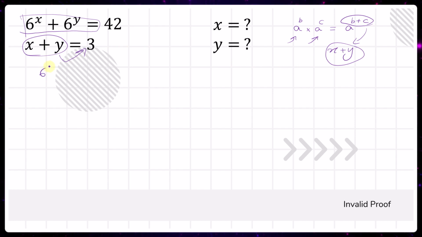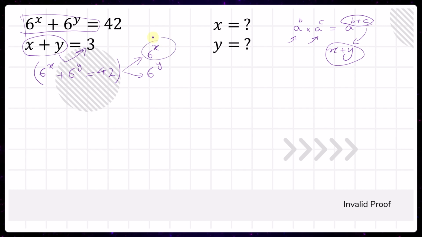First of all, let's rewrite the first equation and let's see what we can do with that. All right. Now, if we want to have this x plus y in the power of one of these, we can just multiply this whole equation by either 6 to the power of x or 6 to the power of y. There's no difference, right?